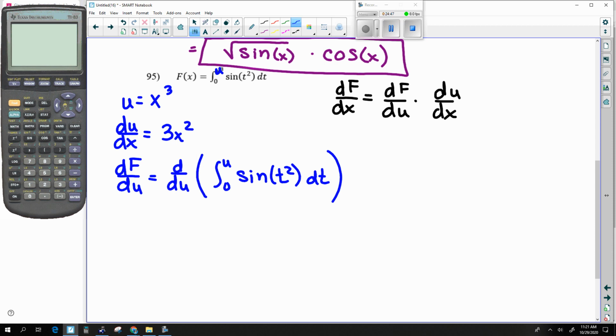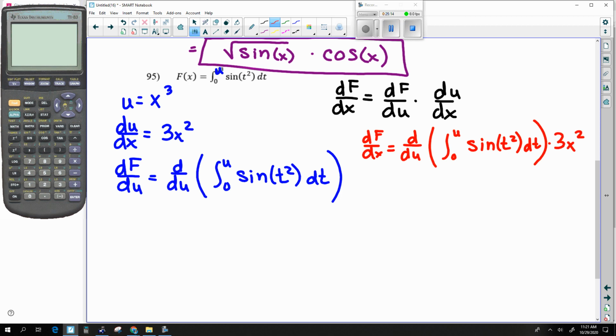And so now all we have to do is put it all together. So df dx is going to be equal to df du, which is again d du of the integral from 0 to u of sine t squared dt, times du dx, which is 3x squared.